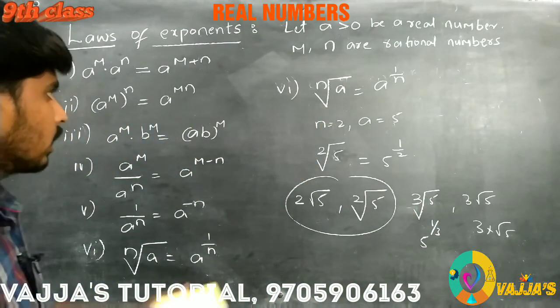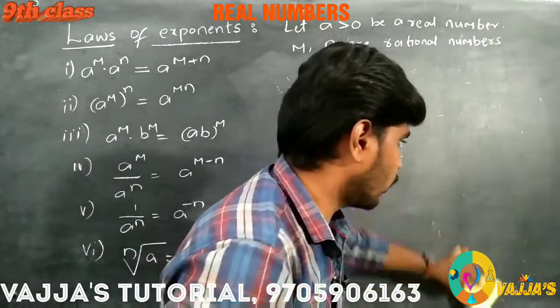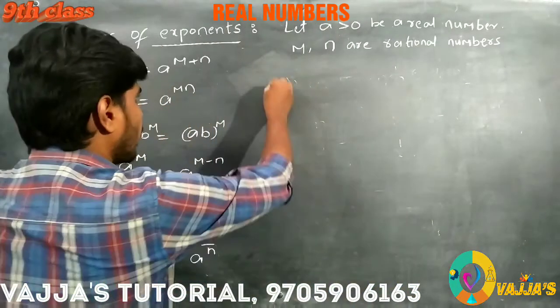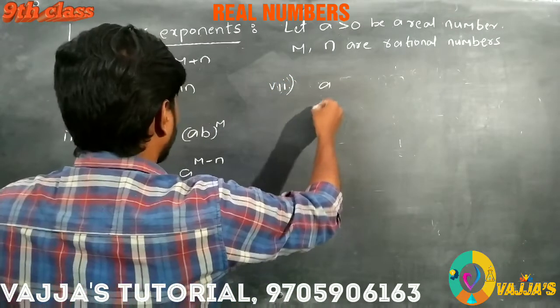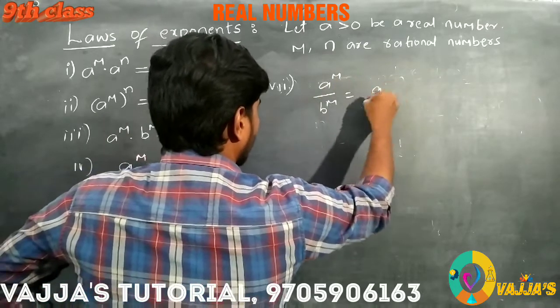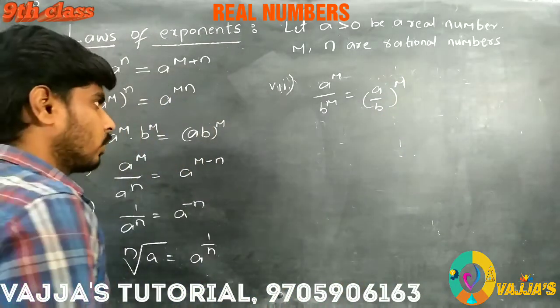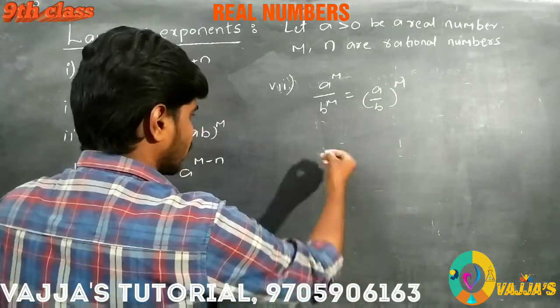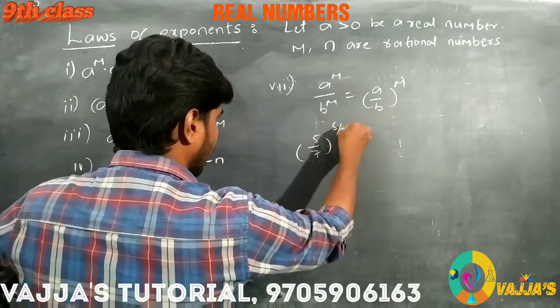Right, this is about laws of exponents, and we can write one more formula also. Look here, the 7th one. A power m by b power m, we can write as a by b whole power m also. Suppose in the previous problem we saw 5 by 7 whole power 5 by 4.